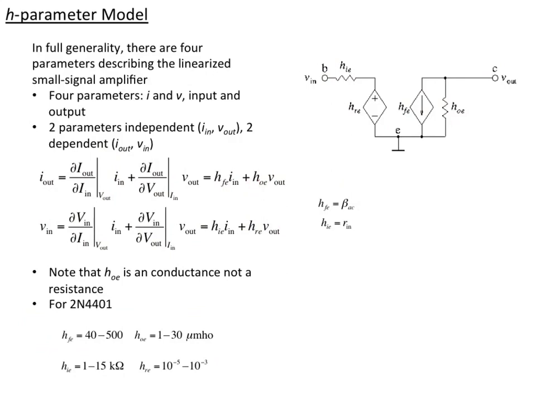So the typical values for these things: the gain, HFE, is 40 to 500. That's why we often use the value of beta of 100. Input resistance depends on the current. Remember, it depends on the quiescent current, so we have to set it, but HIE will typically have values in the kiloohm range, so 1 to 15 kiloohms.